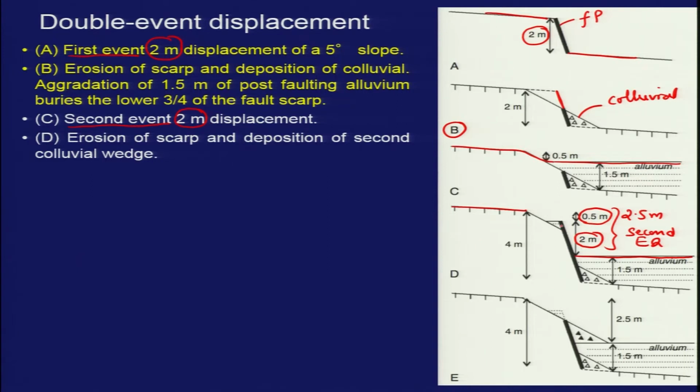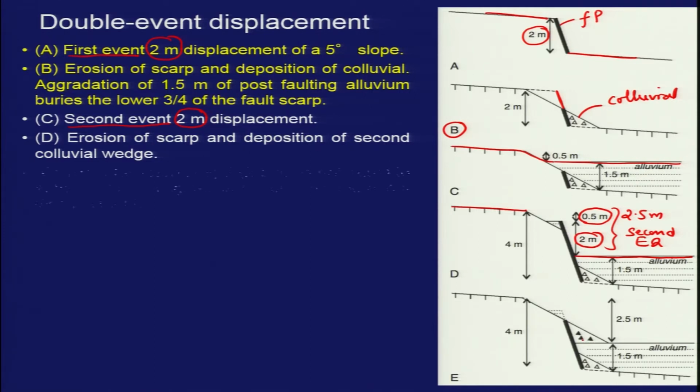But 0.5 meter was available here because of the deposition, which has gone for 1.5 meter, but the actual was 2 meter here. So, what has been left out, 0.5 meter, is also added as a cumulative scarp height here. So, we have erosion of scarp and deposition of the second colluvial wedge here at this place.